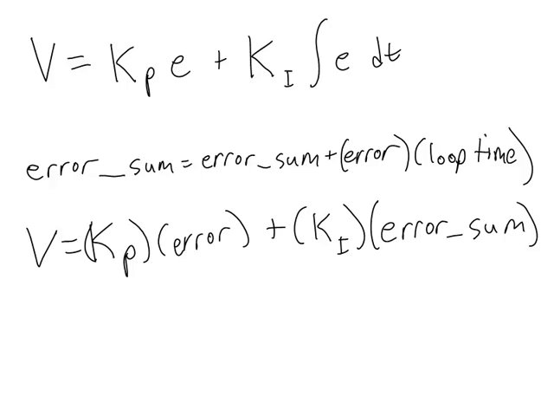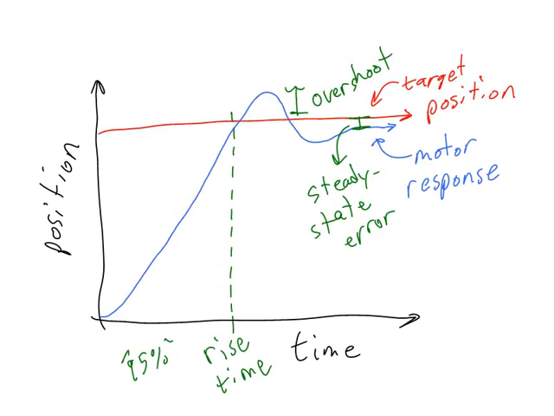So let's take a look at what is the effect of integral control on the response curve. When the motor first starts responding, the error has a fairly large value, and so the amount of voltage that comes from integral control adds up very quickly.